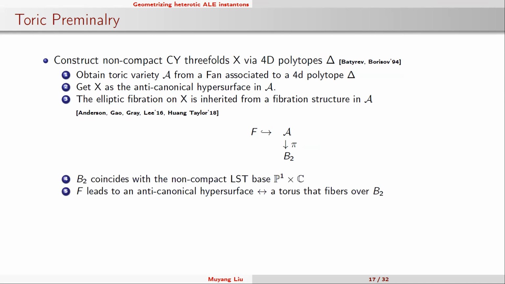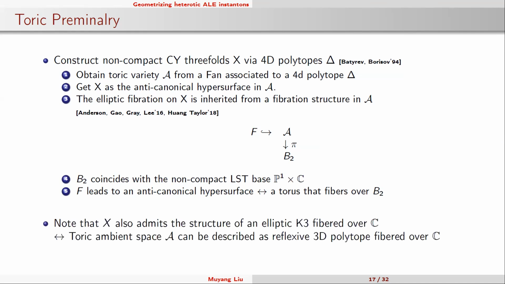And given these fibration structures, our B2 just coincides with the Lagrangian series base, B2 equals P1 times C. And these fibers in the toric ambient space will generate the anti-canonical hypersurface, which is just the torus fibers of our Lagrangian series base.